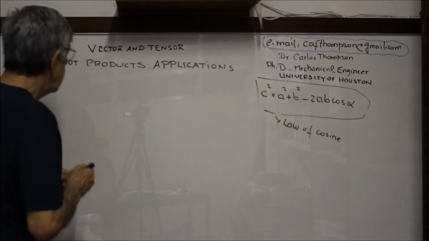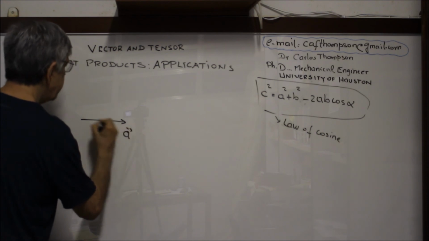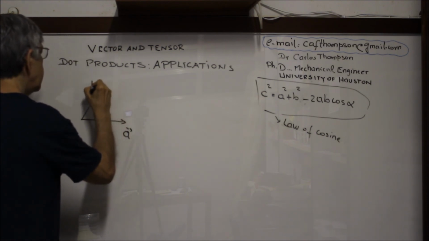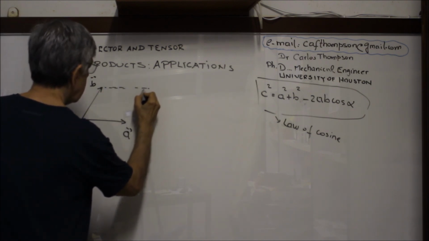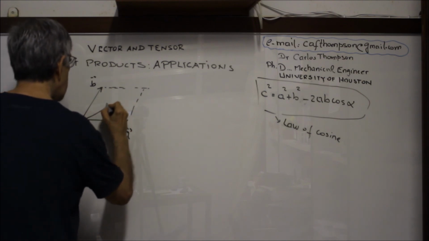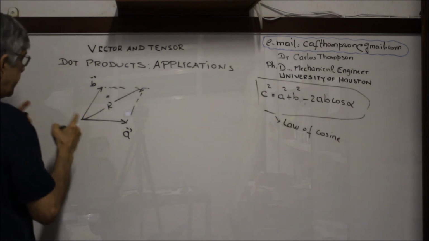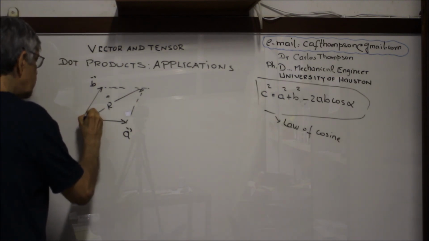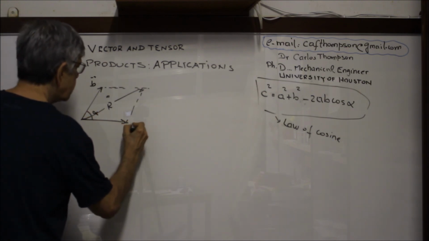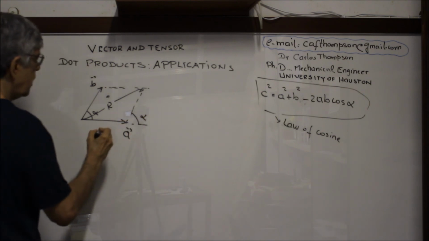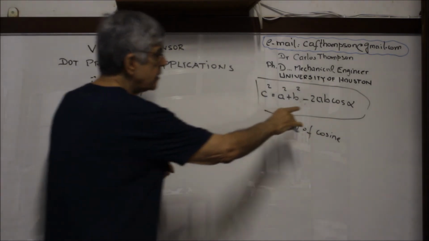Look, when you add two vectors, A and B, you remember this is my R, the resultant of these two vectors. Then you remember that you put here the angle alpha, and this is my angle alpha. So this angle here, I will call theta. Let's put theta instead of alpha.